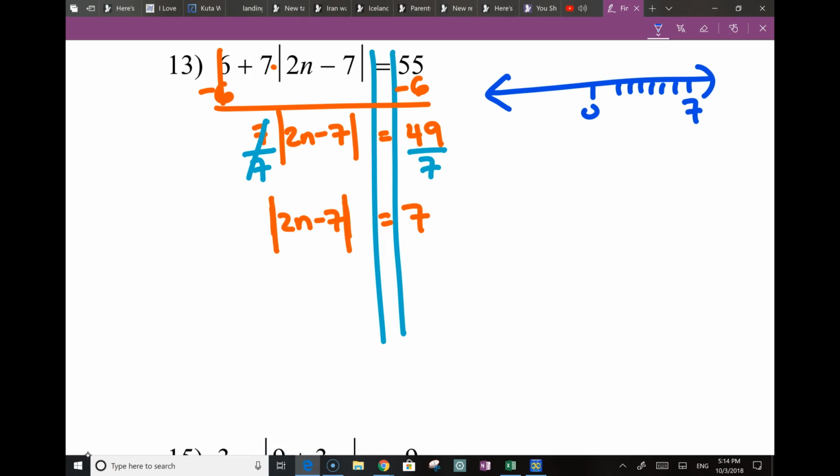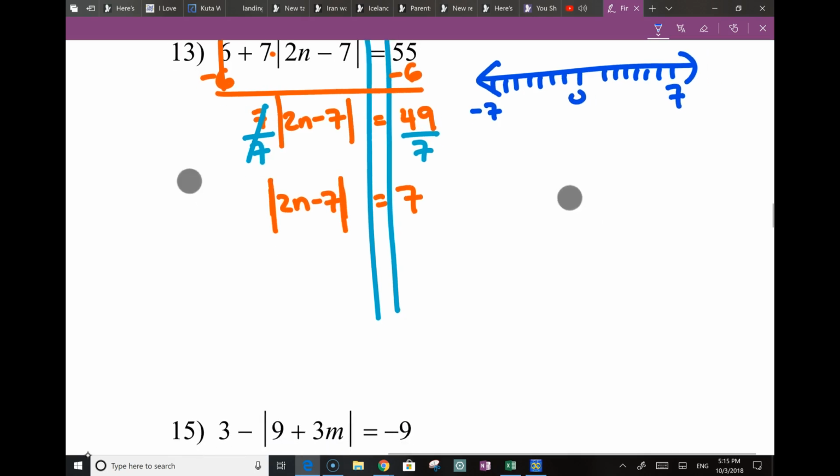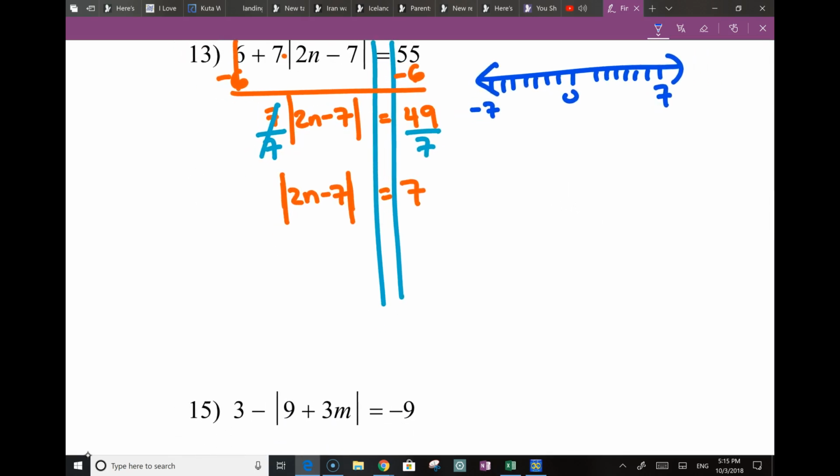So if I were to go the other way, 1, 2, 3, 4, 5, 6, 7, I'd be at negative 7. And the numbers that are 7 steps from 0 are both 7 and negative 7. What I need to figure out is what 2n minus 7 needs to be so that everything inside becomes a positive 7 or a negative 7. So I need to solve this thing.